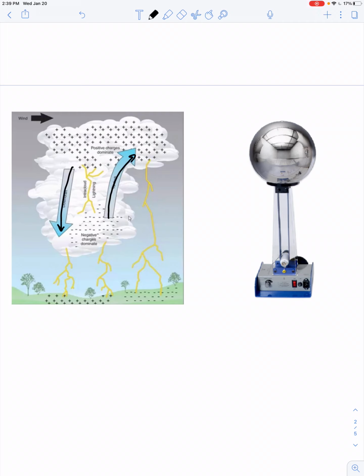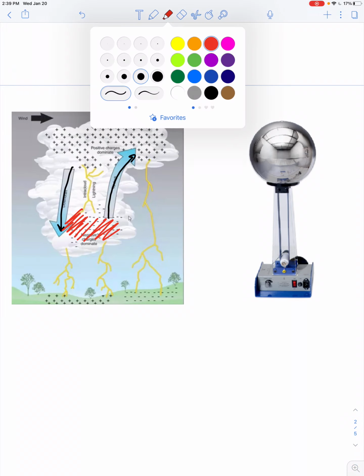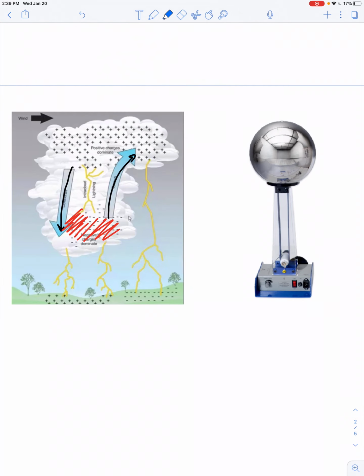As these molecules swipe past each other, there can be a transfer of valence electrons, and the result can be an accumulation of negative charge in the bottom portion and positive charge, in other words, the ions that are left behind in the upper portion, right? It's not so much that they've gained protons, it's just the nuclei stay the same, but there aren't as many electrons in orbit around the atom, so you're left with positive charges in the top.